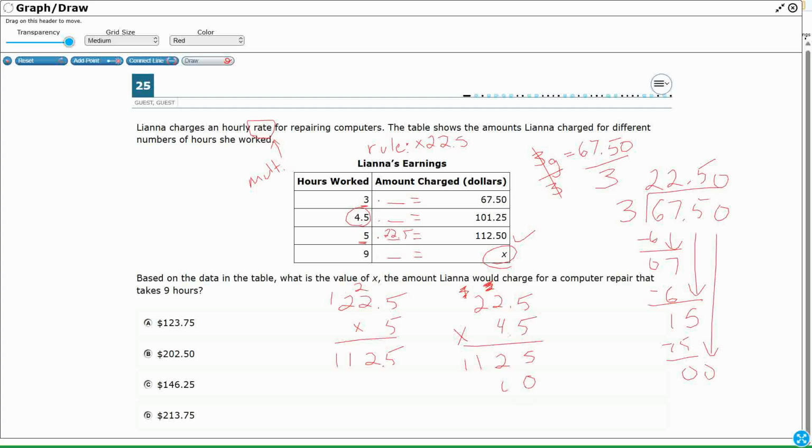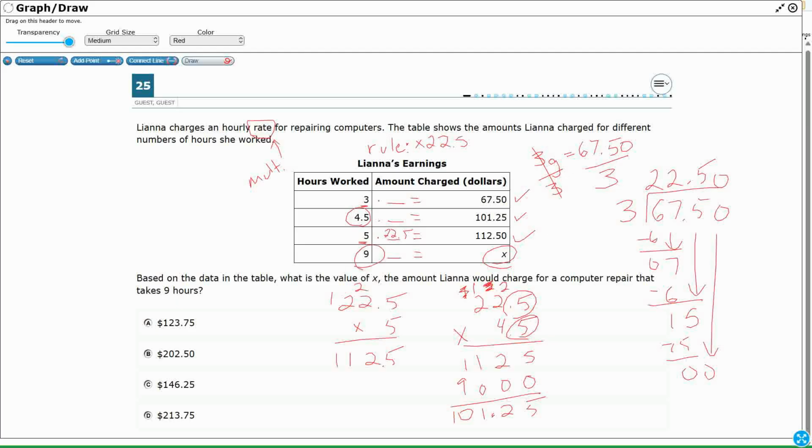Second row, that's 20, that's 8, 2 more is 10, 8, 1 more is 9, 5, 2, 1. 2 digits behind the decimal, so I need 2 digits behind the decimal. Okay, so that works. So our rule here is you multiply by $22.50 because that is your rate.